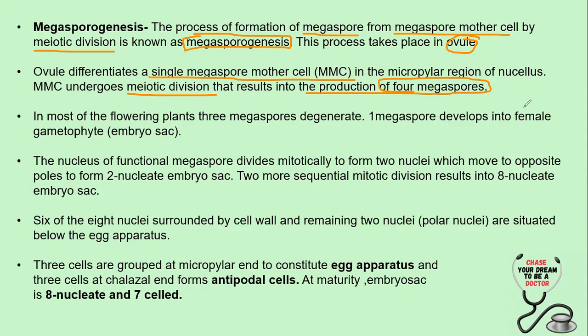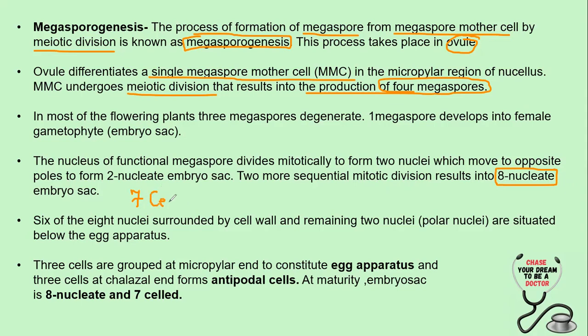But in this female gametogenesis, from the megaspore mother cell, 4 megaspores will be formed, but 3 towards the micropylar end will disintegrate, and only 1 will be left. Only 1 will be left out. And this 1 will undergo sequential mitotic divisions, and finally it will result in an 8-nucleate, 7-celled condition.